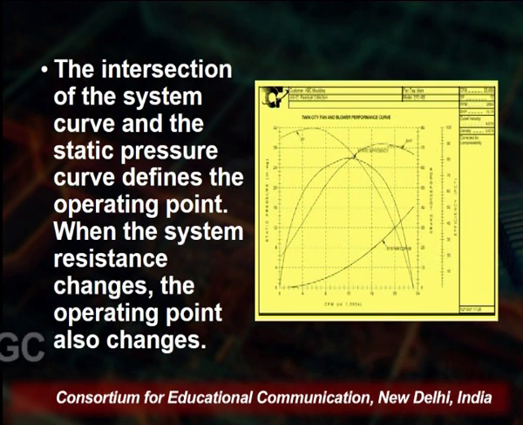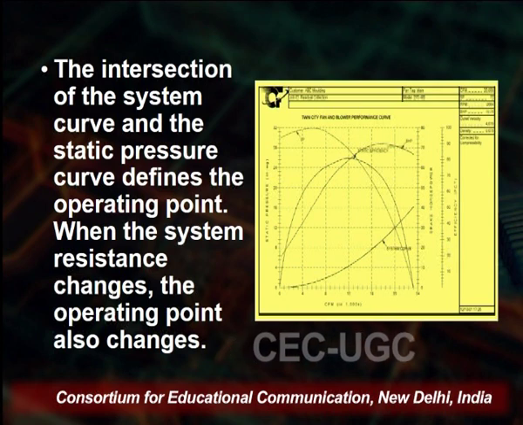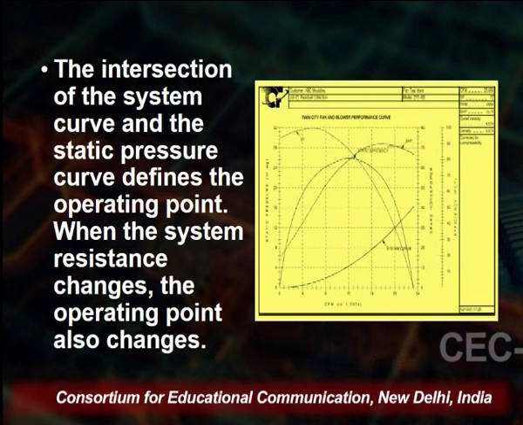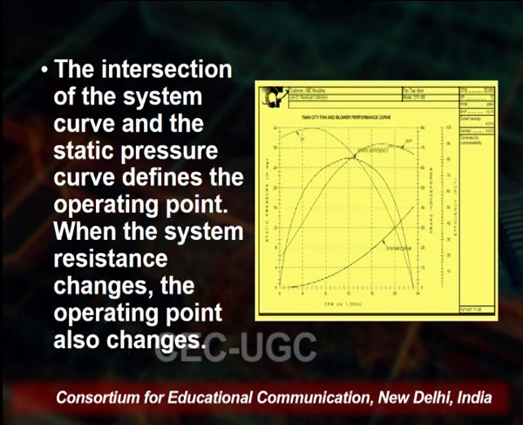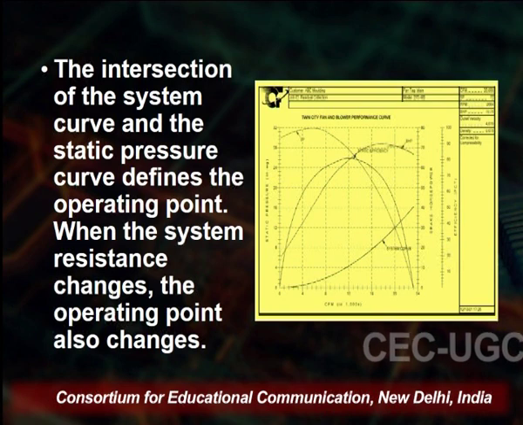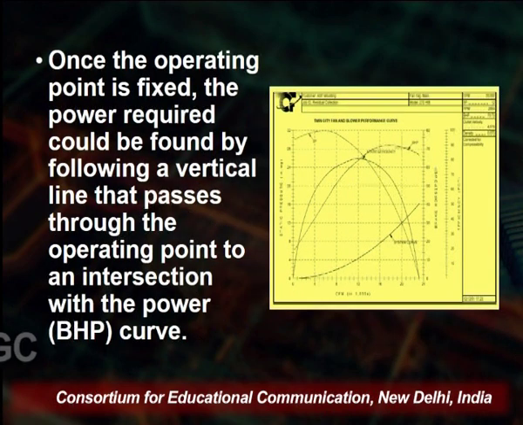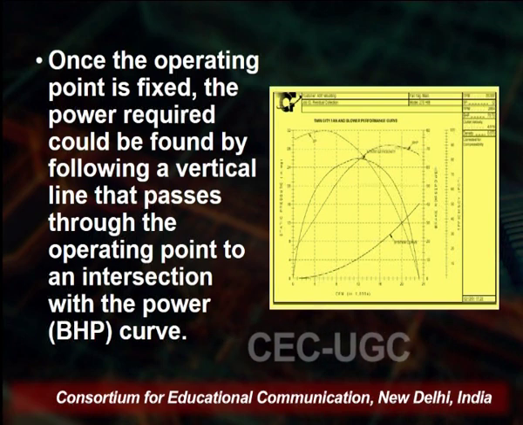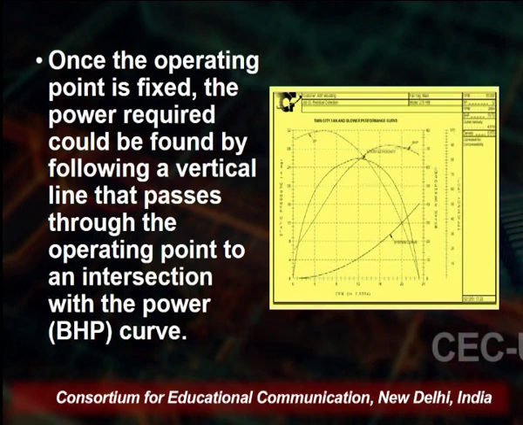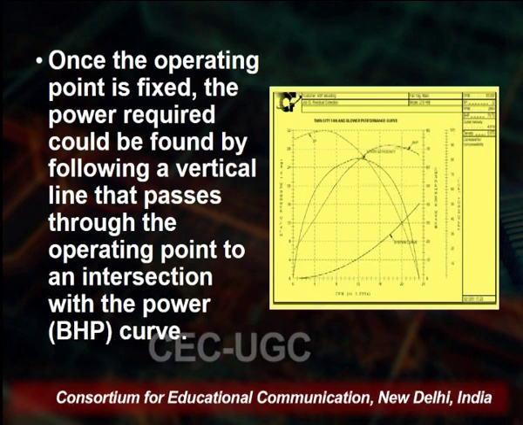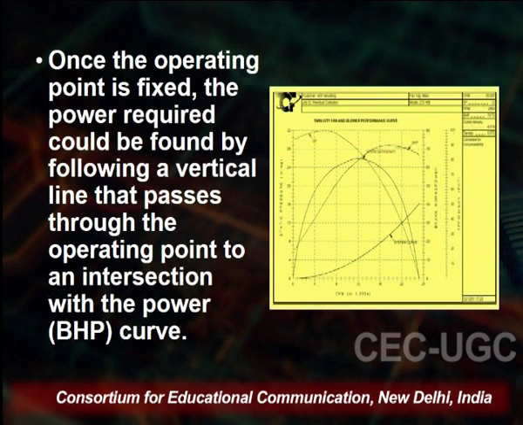When the system resistance changes, the operating point also changes. It means the system curve depends upon the resistance. If it changes, the intersection of the system curve and the static pressure curve will change, and so will the operating point. Once the operating point is fixed, the power required can be found by following a vertical line that passes through the operating point to an intersection with the power curve.